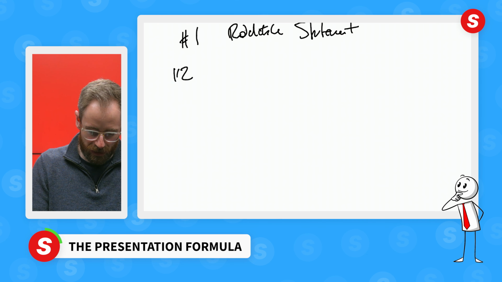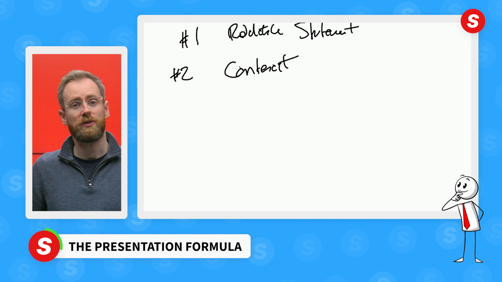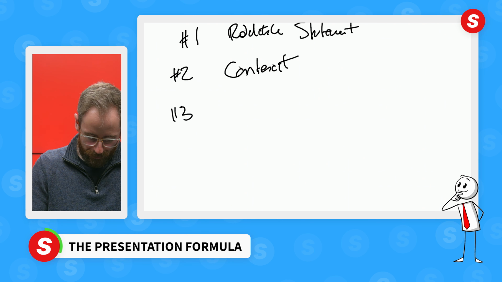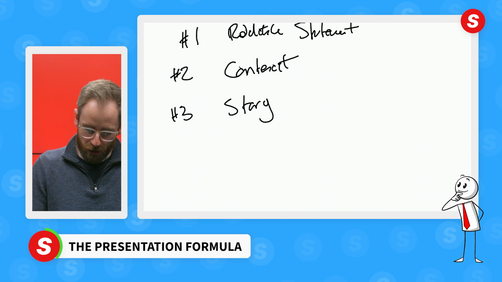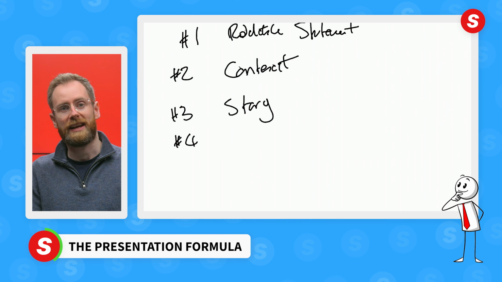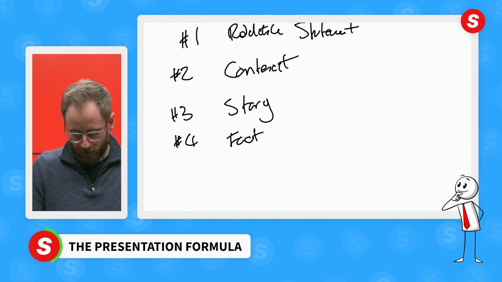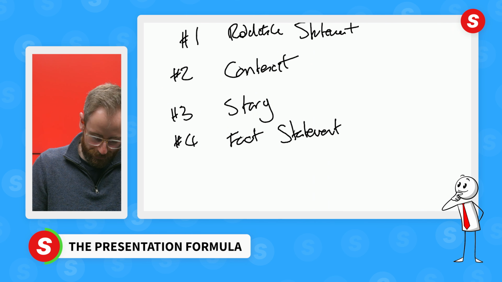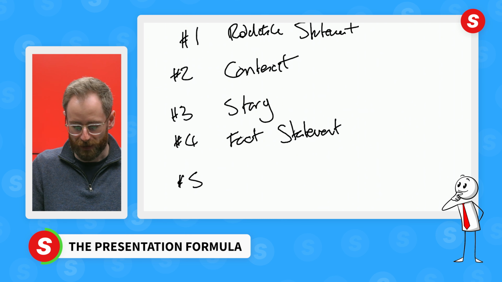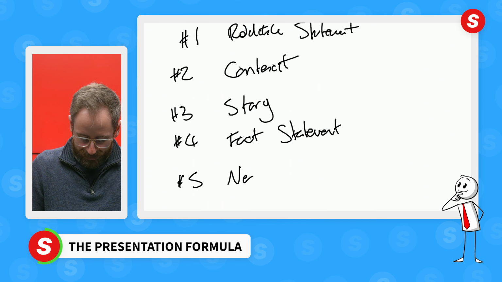Next, you're going to use number 2, some context. Then number 3, you're going to build into all of this a bit of a story. Number 4, we're going to take a look at some fact statements. And finally, we're going to wrap up our presentation with the obvious, right? The next steps for the buyer.